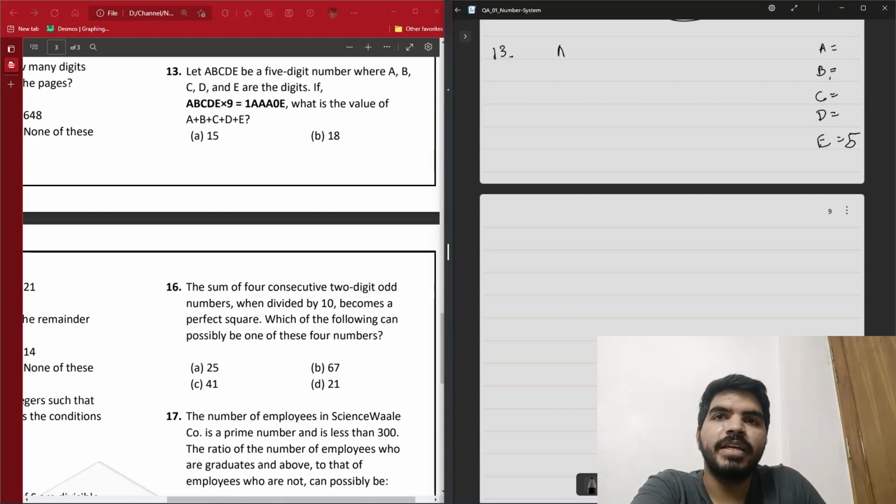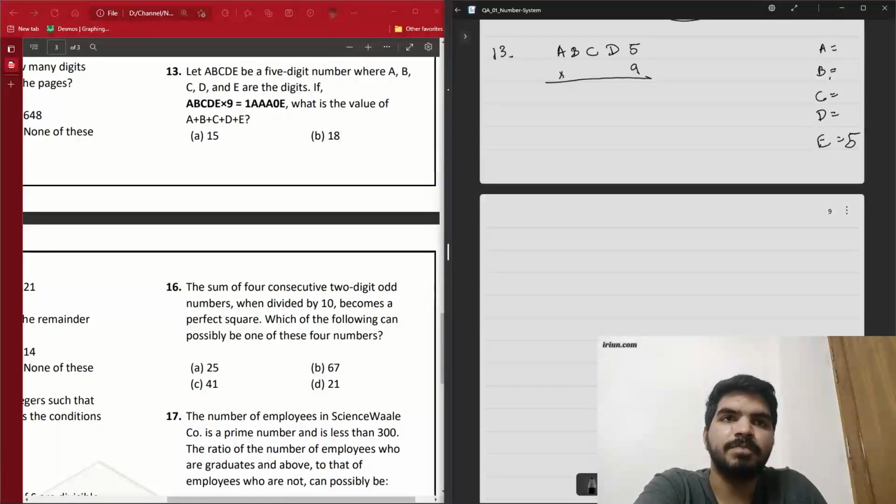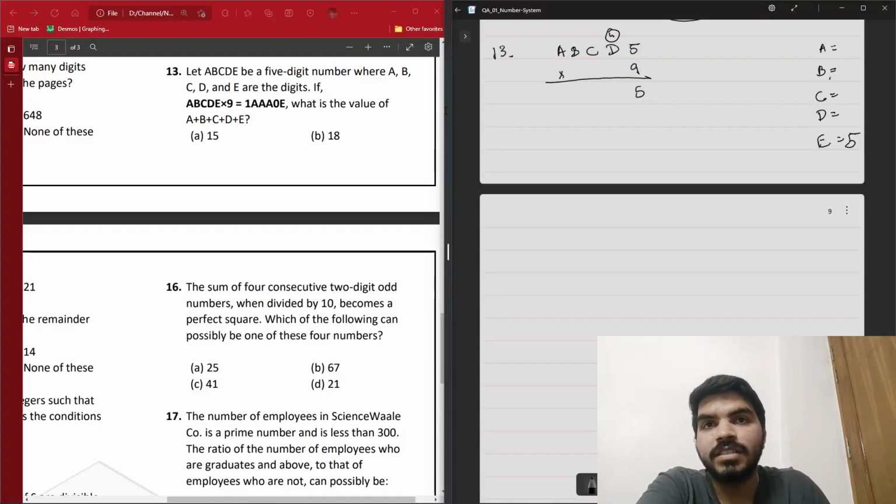Now we know A, B, C, D, and 5 multiplied by 9. Let's multiply. 5 into 9 is 45. Now we are given that this is 0. So 9 into what number plus 4 is 0?